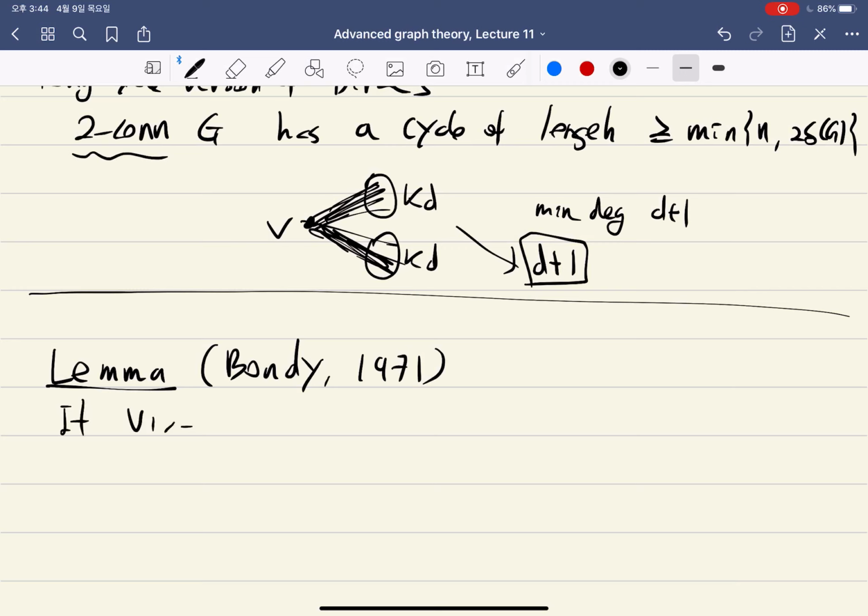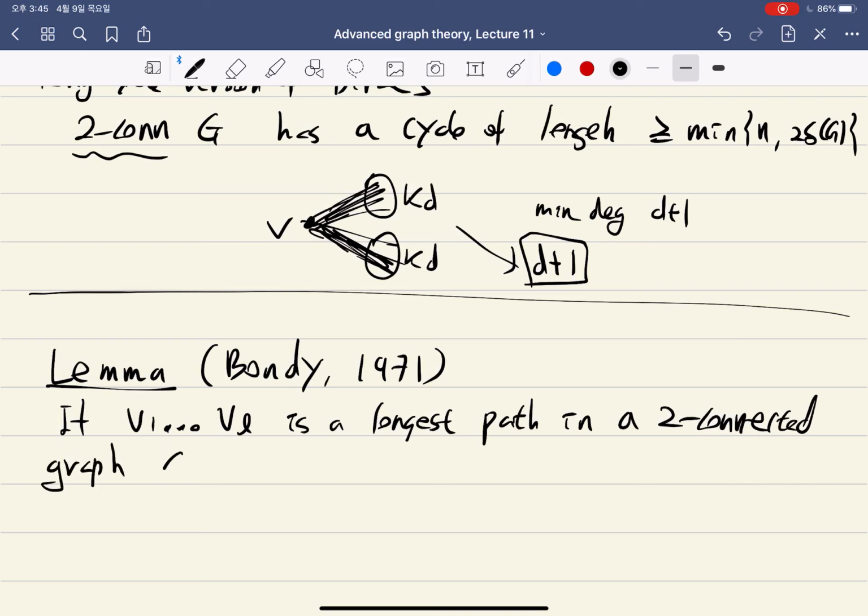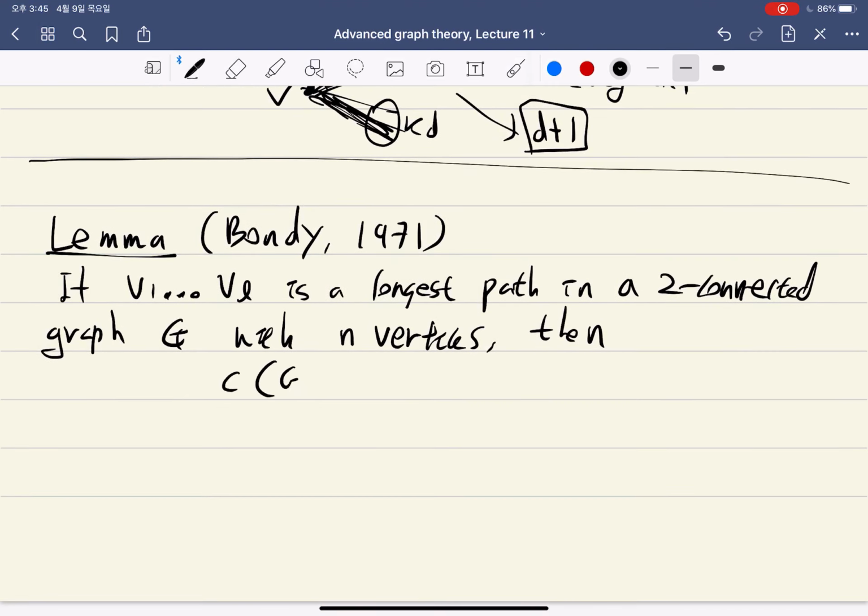If P1 to Pl is a longest path in a two connected graph with n vertices, then the circumference of G is at least the minimum of n, or the degree of B1 plus the degree of BL. So in the next lemma, we will prove this Bondy's lemma.